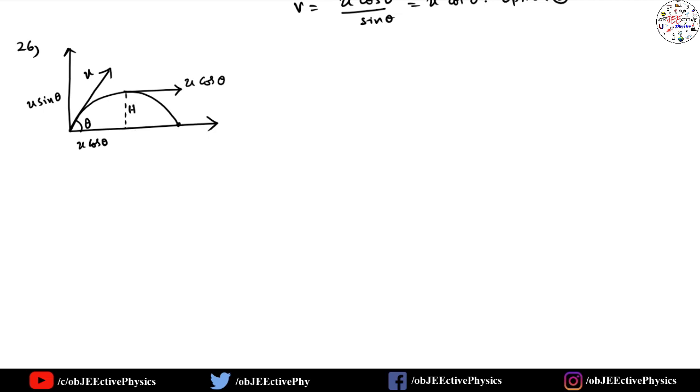This is height, capital H. Up to capital H, that is vertical height, KE is minimum.